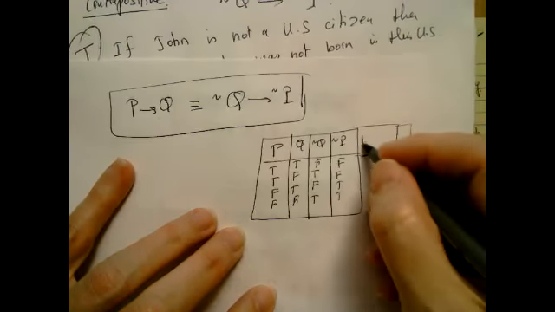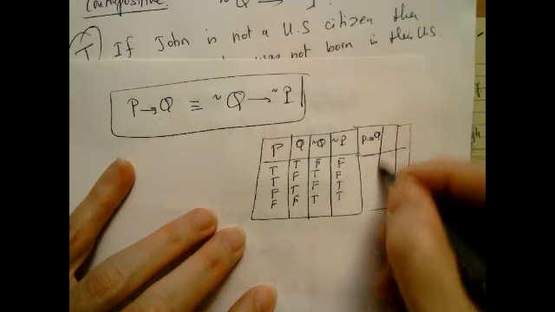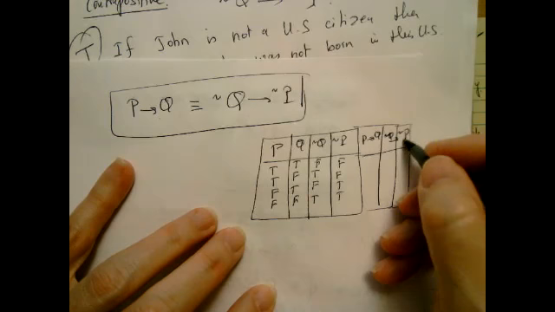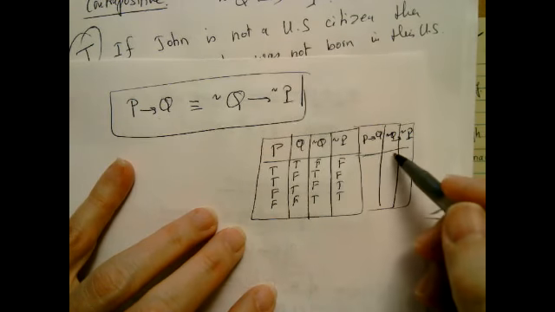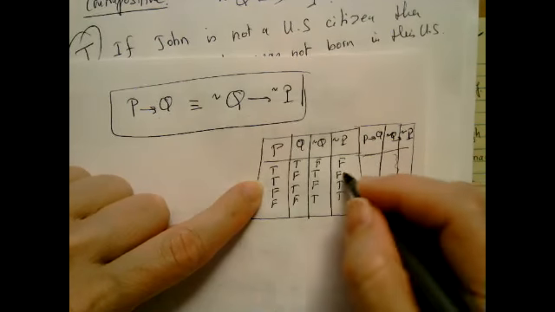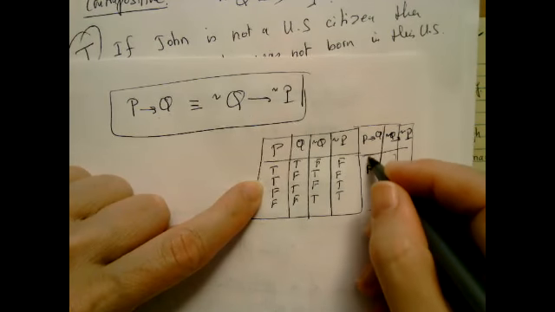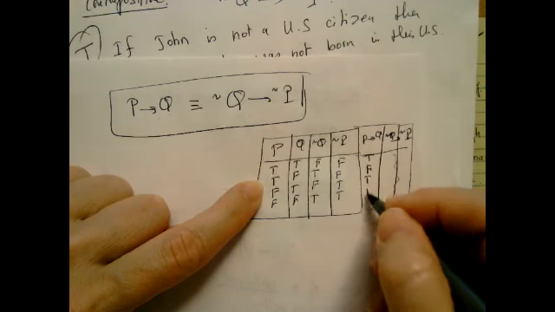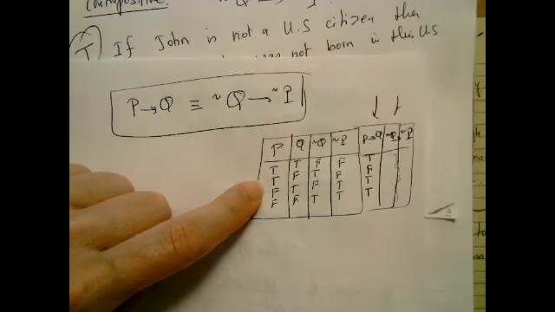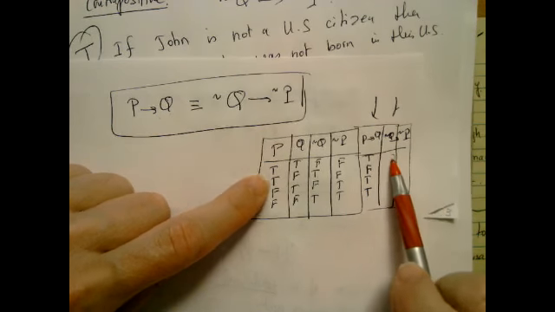If P, then Q. And if non-Q, then non-P. P then Q, we know by heart. It's only false here, true everywhere else. Now, if non-Q, then non-P, let's see what it is.